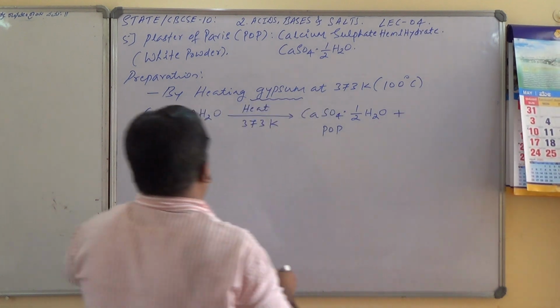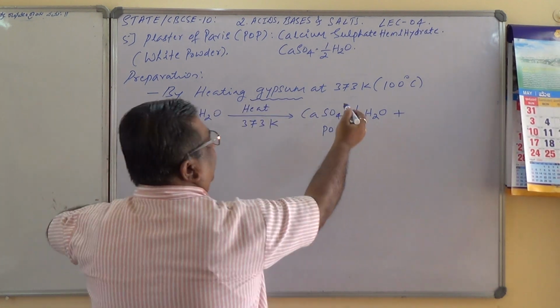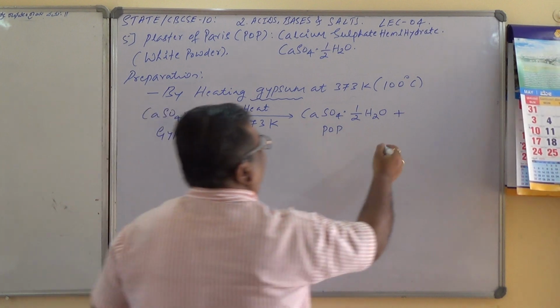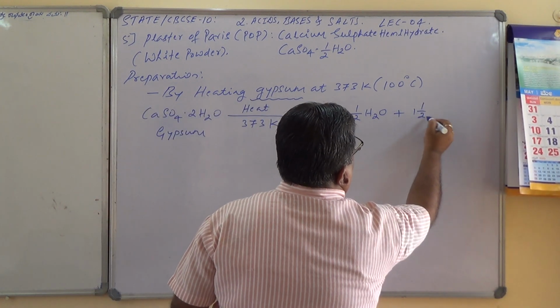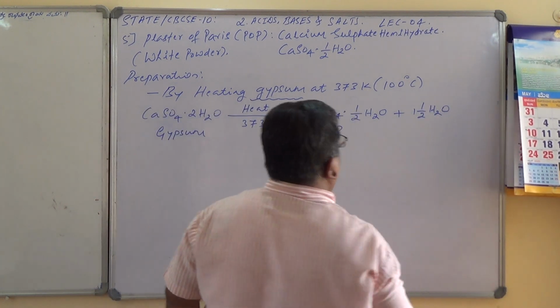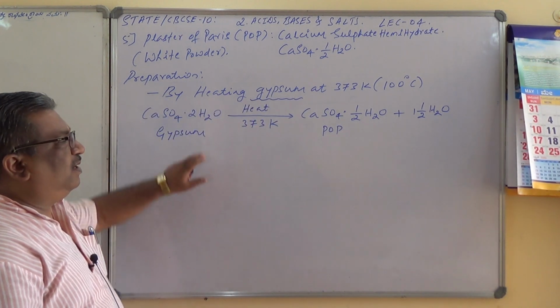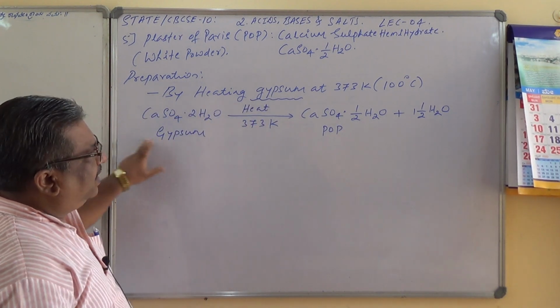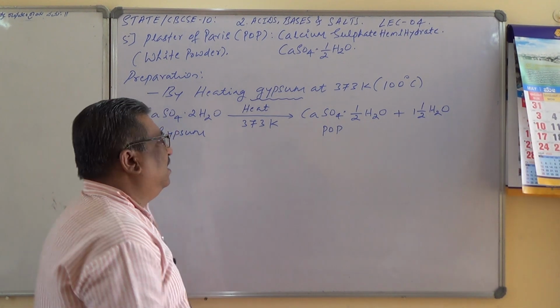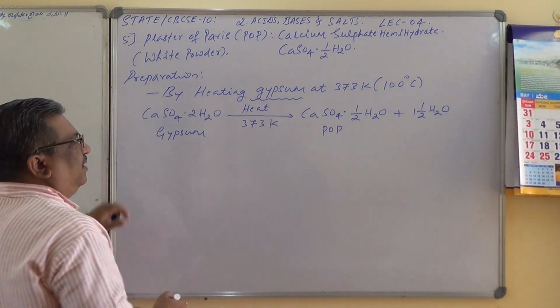There were 2 molecules and half a molecule remains, so 1.5 molecules of water are lost. So by loss of 1.5 molecules of water, gypsum will get converted into plaster of Paris. So this is the manufacturing method here.